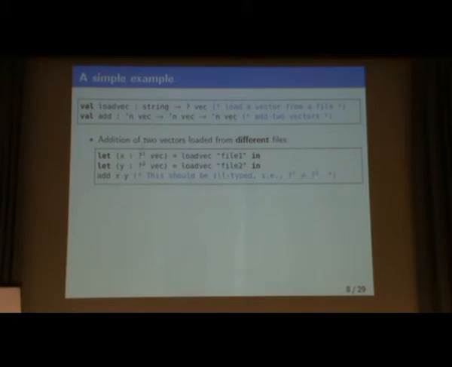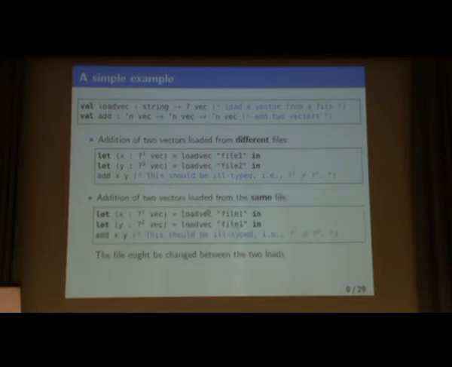Let's just use these placeholders for the sizes for the moment. Of course, these sizes may be different because they are read from different files. Or even if they are read from the same file, the file may be changed during the two reads. So still, these sizes may be different. The point here is that every time you call the read function, it returns a vector of a possibly different size.